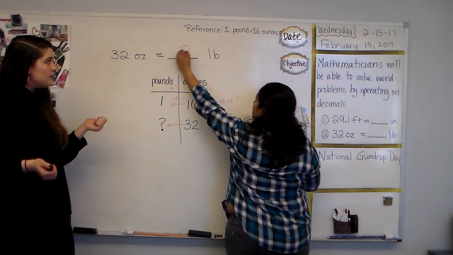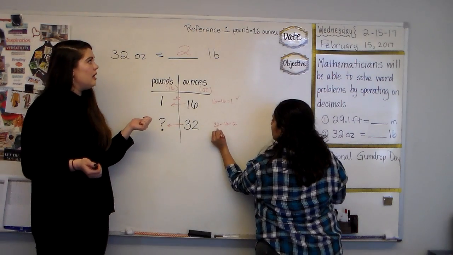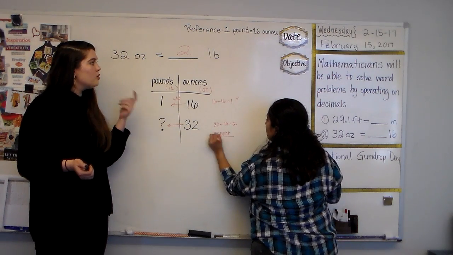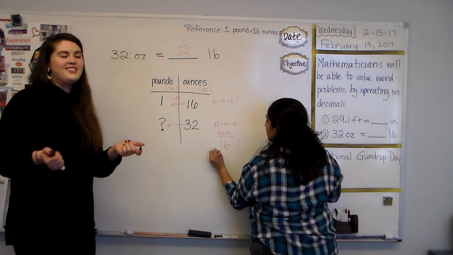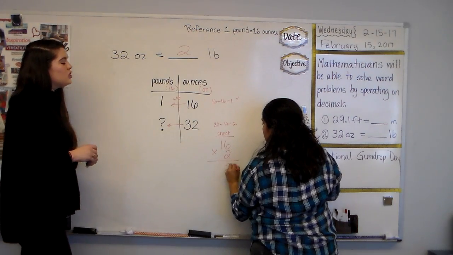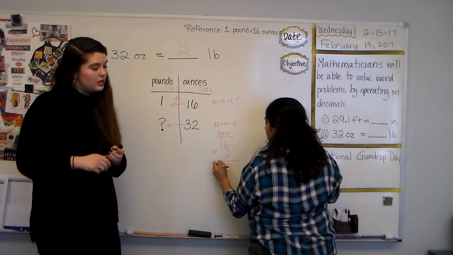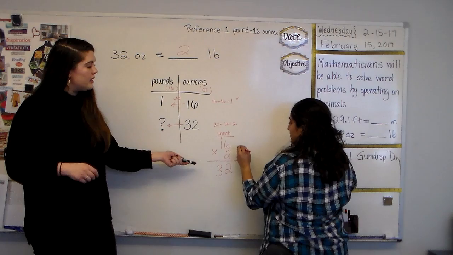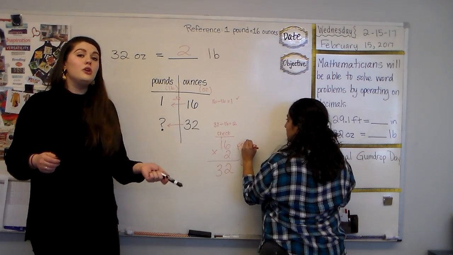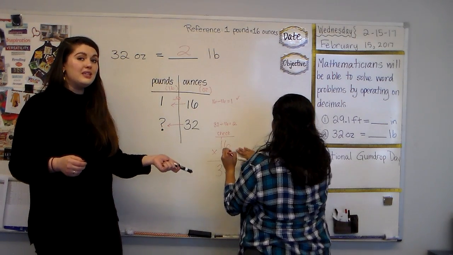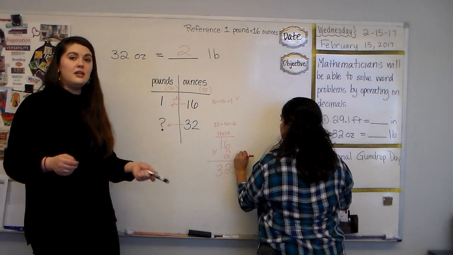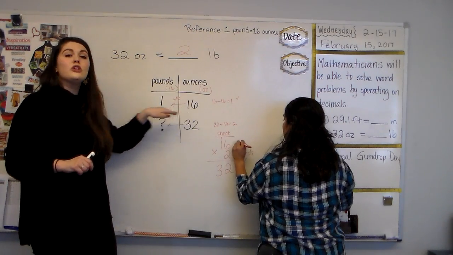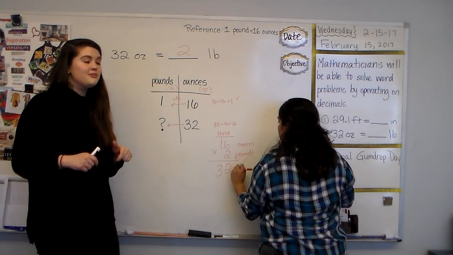So that means that there are 2 pounds. 2 pounds are the same as 32 ounces. We're going to check our work using multiplication. 16 times 2 is 32. If you didn't know that math fact, you could have also listed your multiples of 16, since we knew that 16 was our conversion factor here.